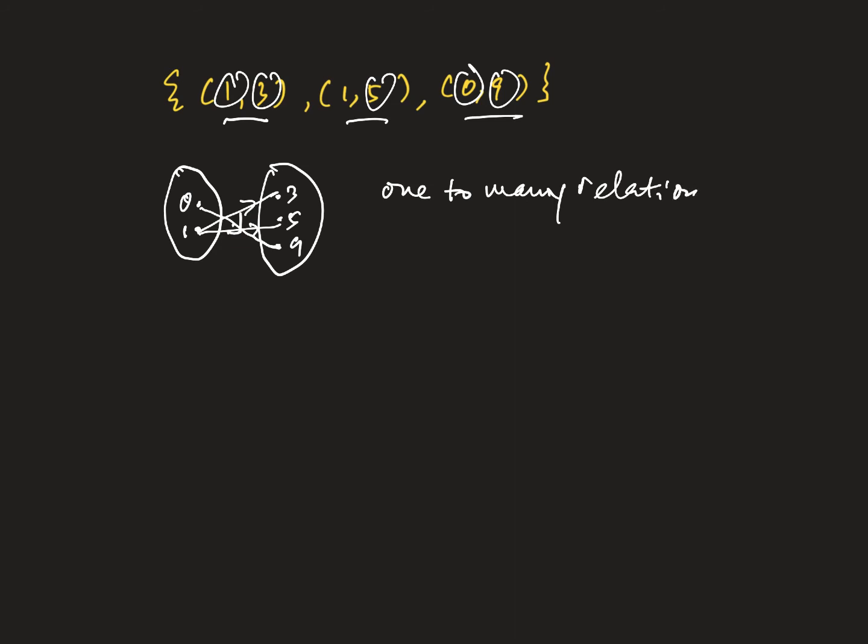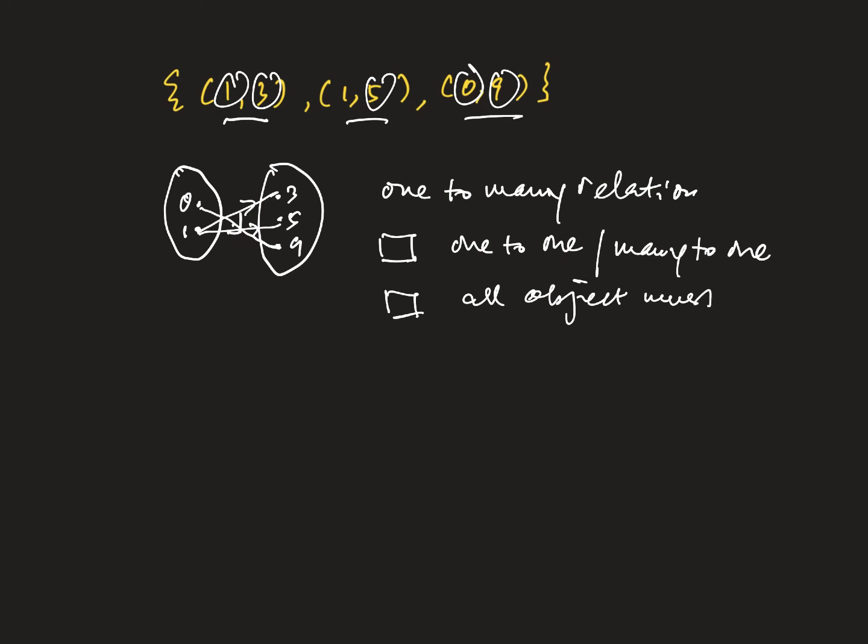Whether it is a function, we have to look at the conditions. The first condition is it must be a 1 to 1 relation or many to 1 relation. And the second condition it must fulfill is all objects must have an image.